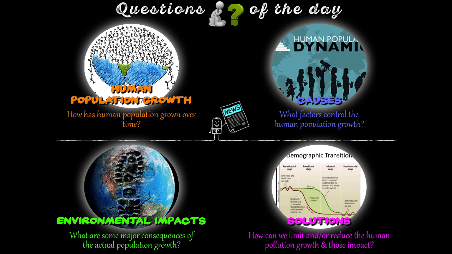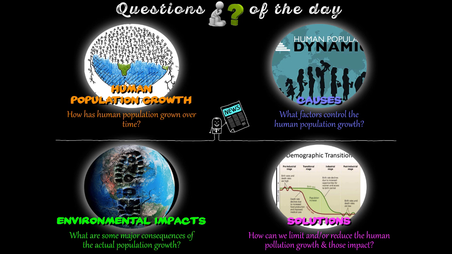Then we'll look at the causes, the different factors controlling human population growth, in detail. Then we'll talk about some of the major consequences of the current human population growth on the environment. And to end this class, we'll talk about solutions that can limit and possibly reduce human population growth and the environmental impact linked to that growth.